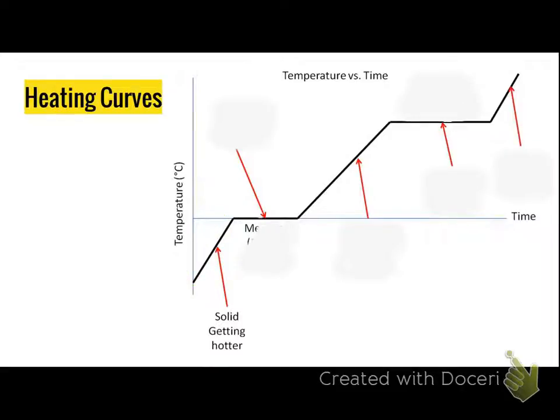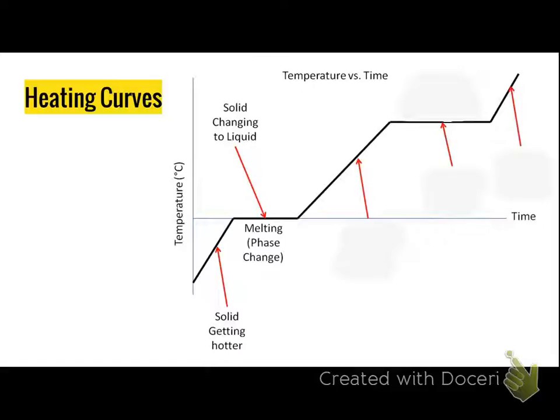So our next one is when your solid is changing to a liquid. Now we know, okay, I've had my ice cube out on the counter in my cup, and now it's starting to melt. So what's happening here is it's going to be in both a solid and a liquid state.